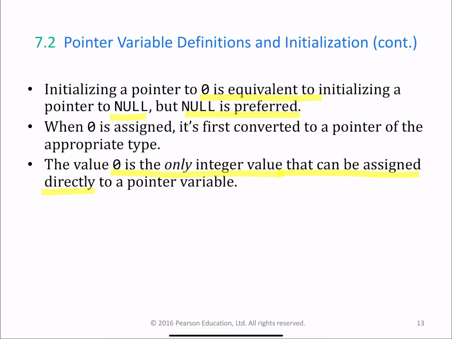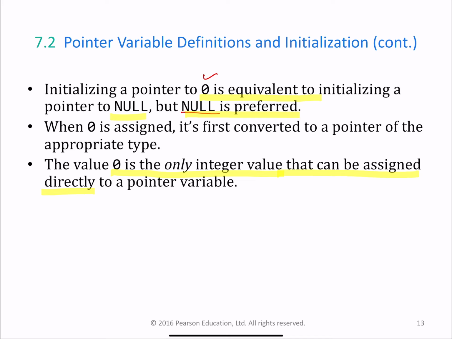Now, when you are declaring a new pointer, you could set its value to 0. That'll work. And that's actually the only integer value that you can directly assign to a pointer. But it's usually preferred to set its value to null instead. Both will accomplish the same thing, but please, if you have to initialize a pointer to point to nowhere, use this symbolic constant null instead of 0.